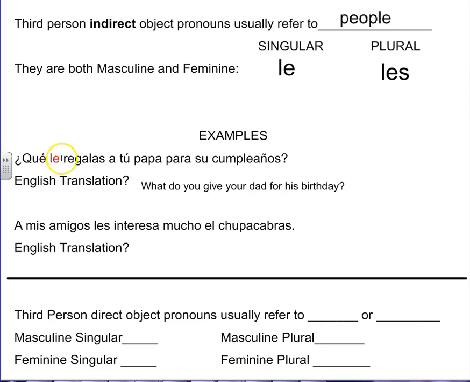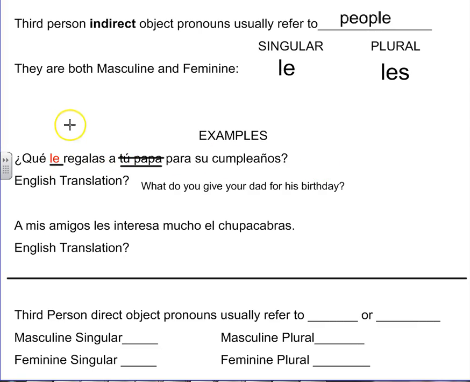Okay? And what we're figuring out is that the phrase tu papá, let me underline that for you, and the word le are referring to the same person right here. Le is the papá. If I took out tu papá, and we already knew we were having a conversation about your dad, I could just say, ¿Qué le regalas para su cumpleaños?